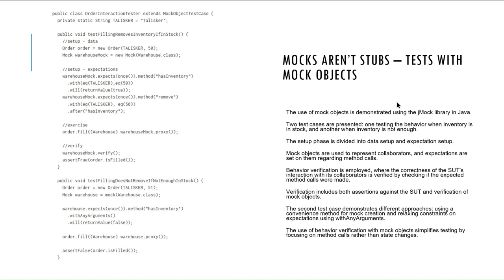Test with mock objects. The use of mock objects is demonstrated using the JMock library in Java. Two test cases are presented: one testing the behavior when inventory is in stock, and another when inventory is not enough.